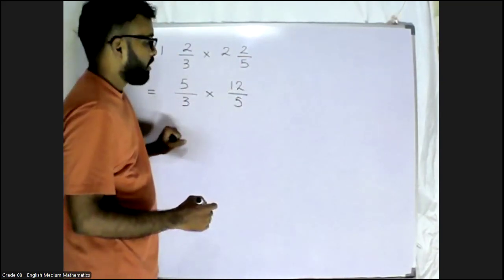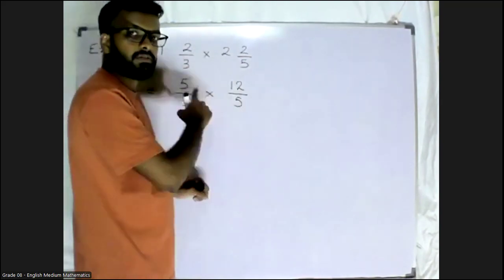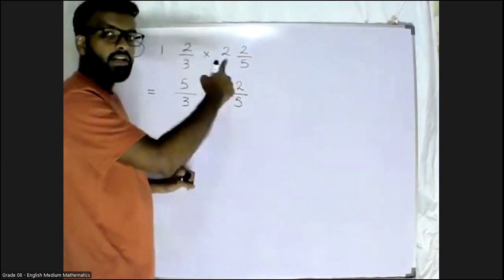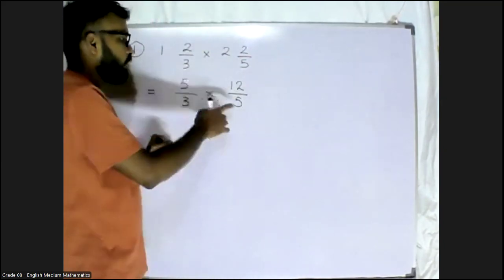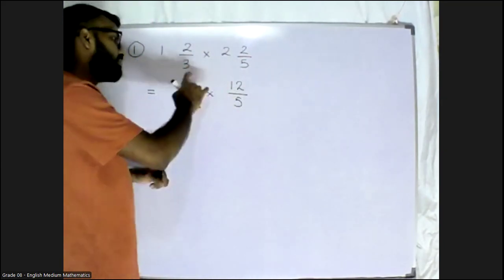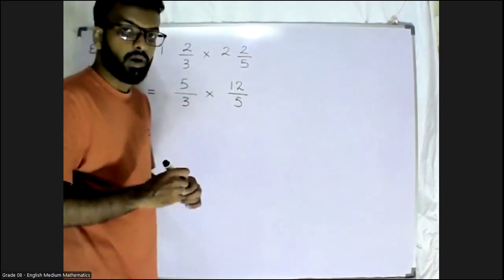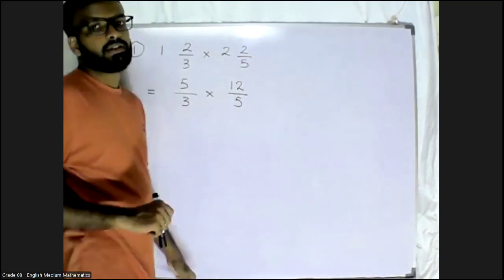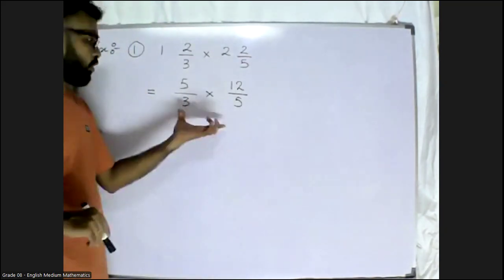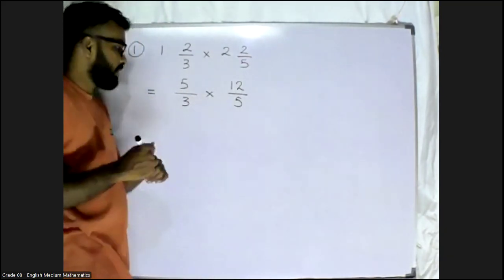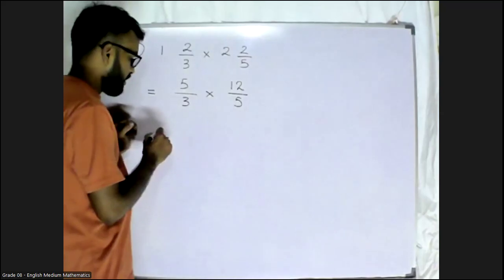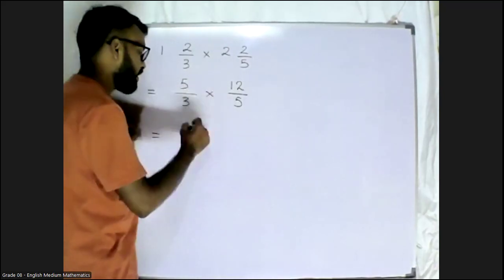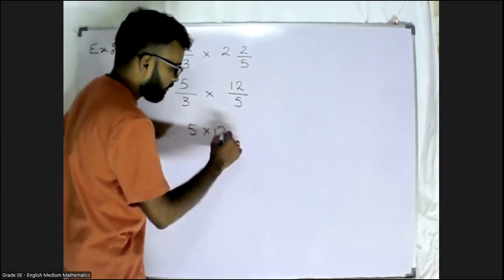Right? This is your improper fraction. Can you find any common factors, common numbers that you can simplify both numerator and the denominator, before going into the next one?